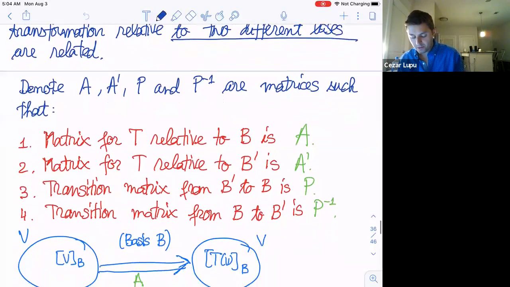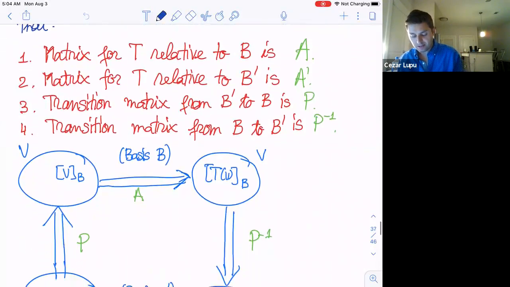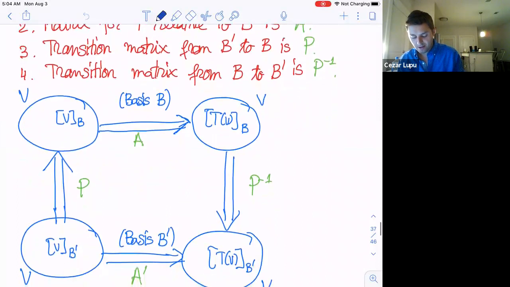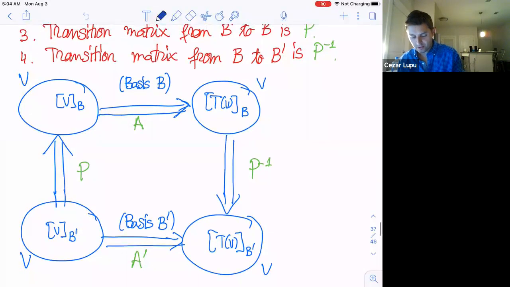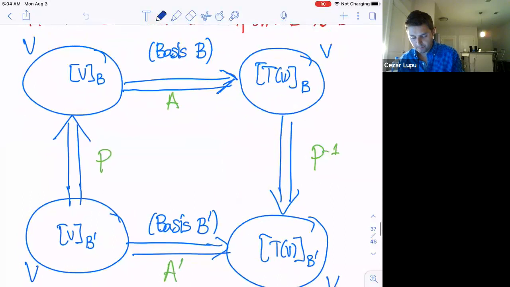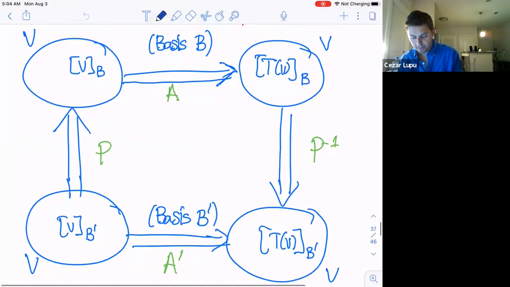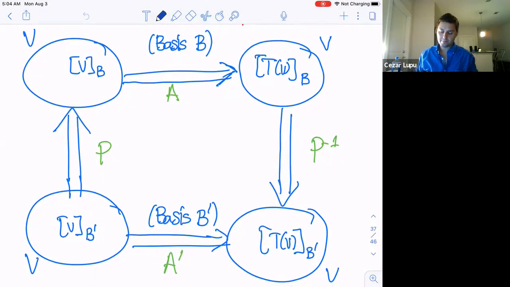For you to understand exactly what's going on, I will draw your attention to the following figure.